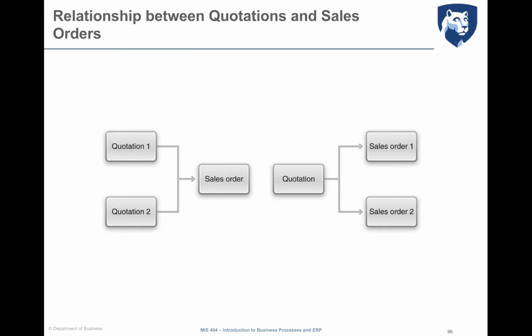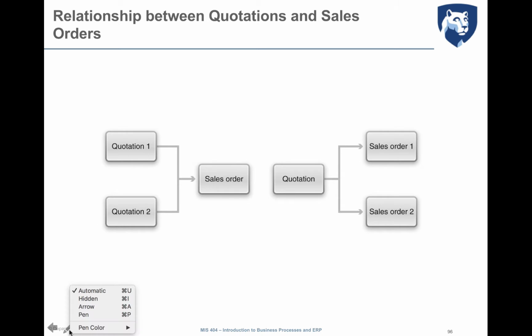Again, like a quotation, a sales order can be created using more or less already existing reference documents. So what we saw for the quotation is valid also for the sales order. The sales order can be created with reference to a customer requirement, a quotation, an agreement, or a previously created sales order.